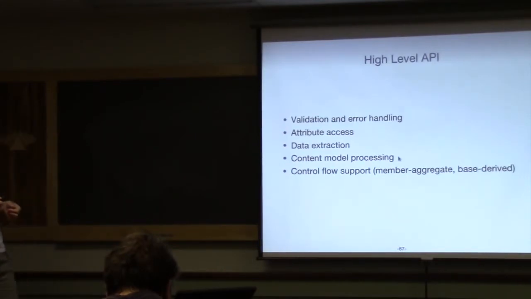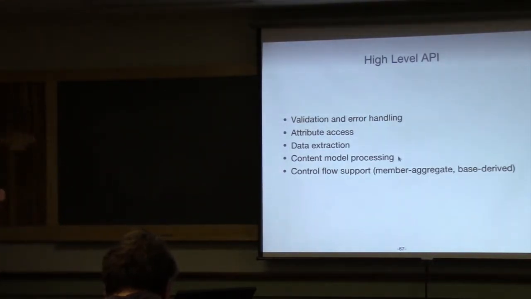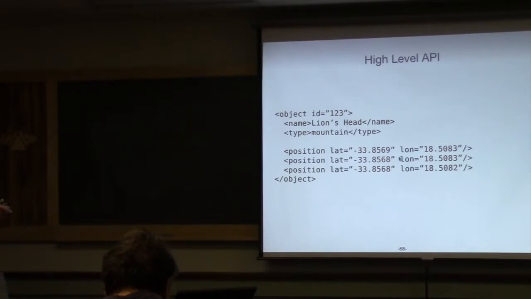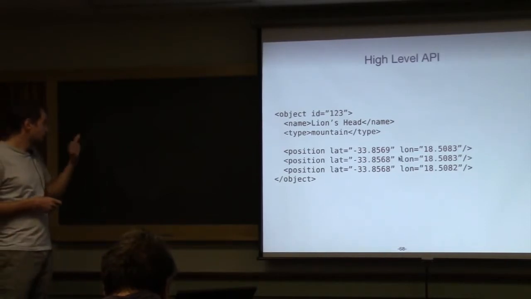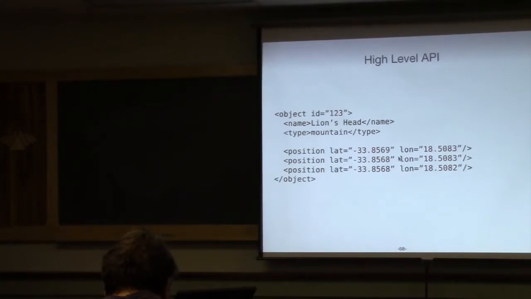And the reasons for this are listed here. The first one would be validation and error handling, then attribute access, data extraction, content model processing, and control flow. So let's examine each one of these using this object position vocabulary as a test case.